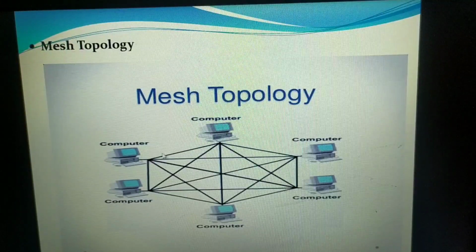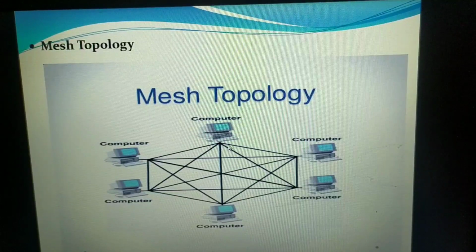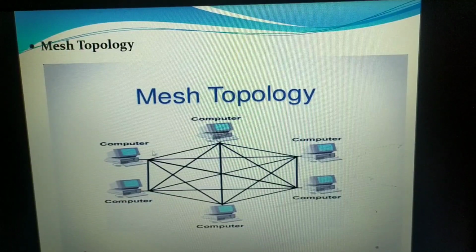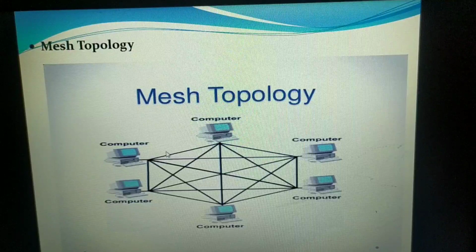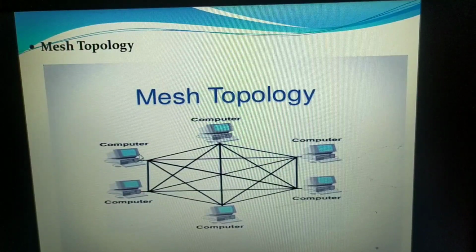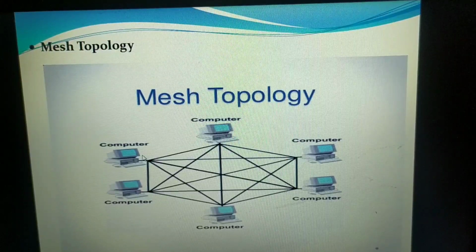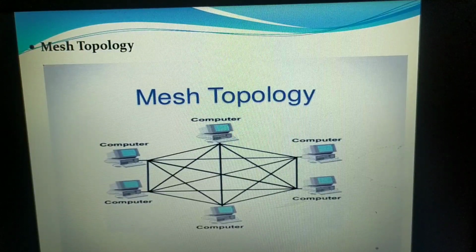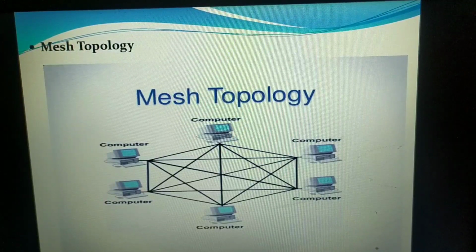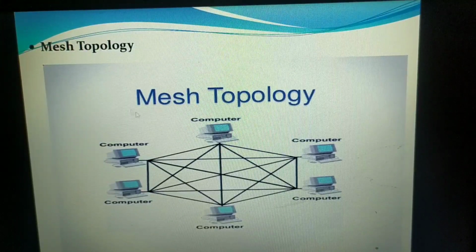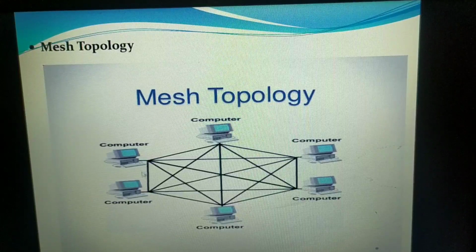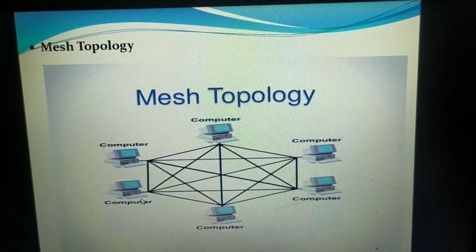If your data packet travels this way, by the time it reaches this node, the signal of your data packet will be very weak. In that case, this node will make use of an amplifier. Amplifier means it will strengthen the signal, and then the data packet from this node will be sent to the destination.